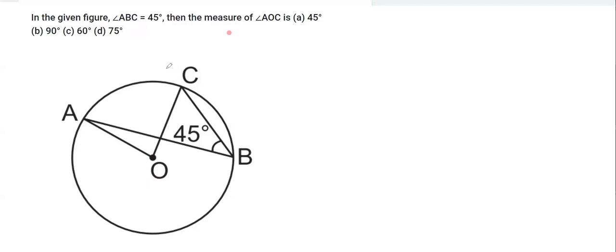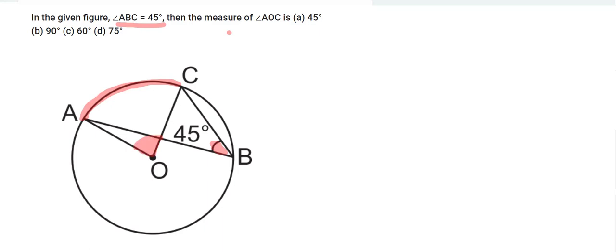This is one very easy question based on alternate segment. We have the value of angle ACB given as 45 degree. Clearly, we can see that this angle ABC is obtained by this minor arc AC. The same minor arc is also subtending an angle at the center.